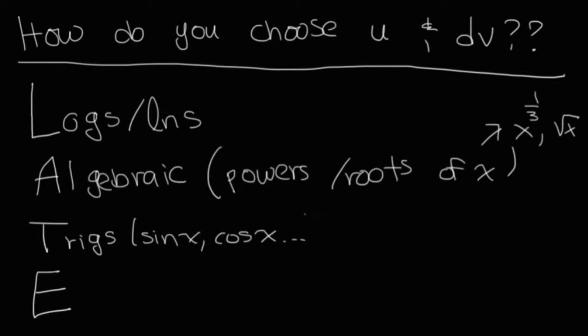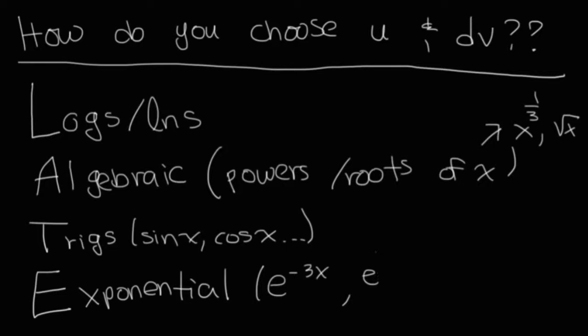Your course may or may not do trigs for integration, so if you're not doing trigs, you can simply skip it. And then lastly, you would choose u to be your exponential functions, for example e to the negative 3x like we just did, e to the negative x, e to the 10x, whatever it could be.